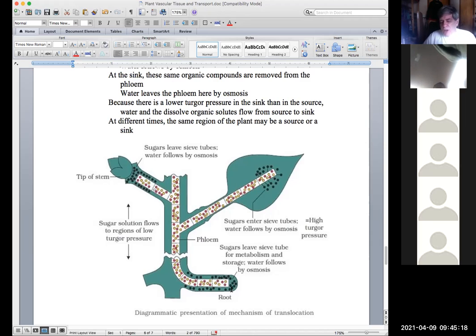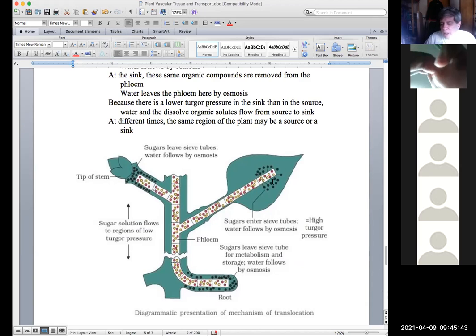So when we think of phloem, movement is always from a source to a sink. Now remember, we had that special term transpiration that referred to the evaporation of water from our leaves. When we look at the movement of materials in phloem, it's called translocation. So we want to keep that in mind.